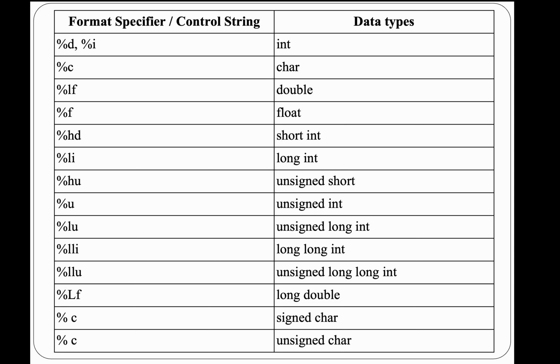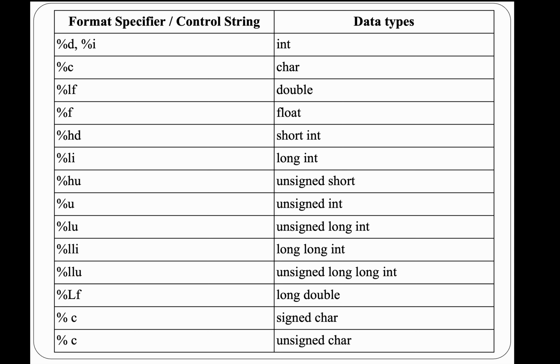Okay, but here what we are going to do, as we know, there are different data types available in a C program. For data types also, I made a separate video. I have uploaded it already in my channel. You go back to that particular video and see what all the data types available in C are. Now the format specifier will differ according to the data type.